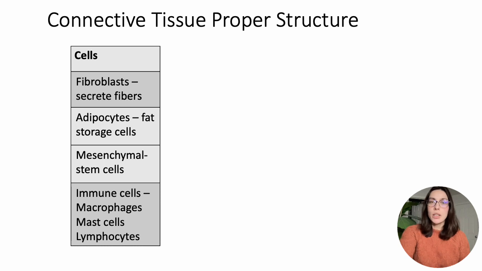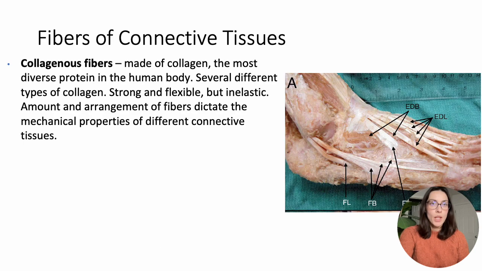Now that we've looked at the cells, let's look at the types of fibers that are found in between cells. The most common fiber that you're going to see, and it's the most common protein in our bodies, is collagenous fibers, and they're made out of collagen protein. So you have many, many copies of this protein called collagen, and then that protein clumps together into kind of a rope-shaped structure, a protein fiber.